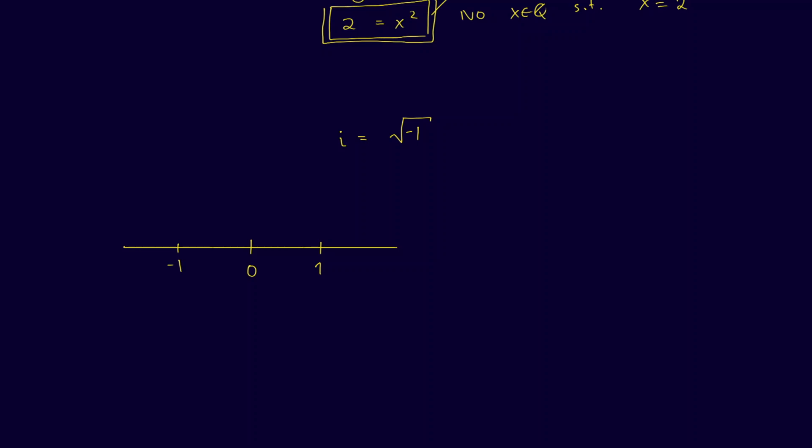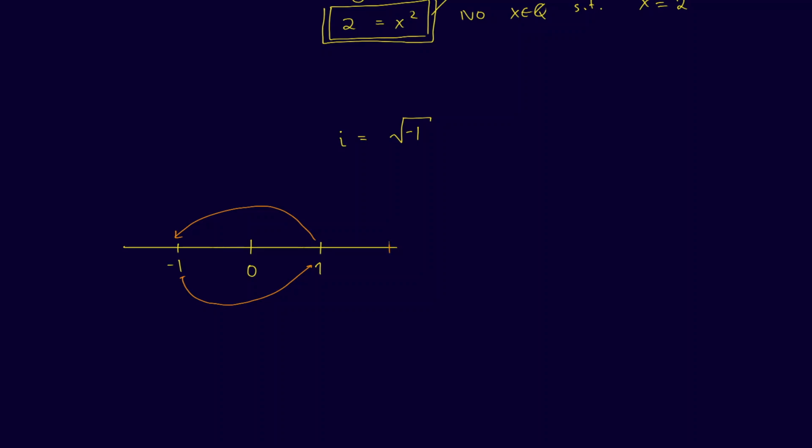If I take 1 and multiply it by -1, what's -1 times 1? It's -1. So -1 takes 1 over to -1. What does -1 do to -1? It makes it positive: -1 times -1 is +1.